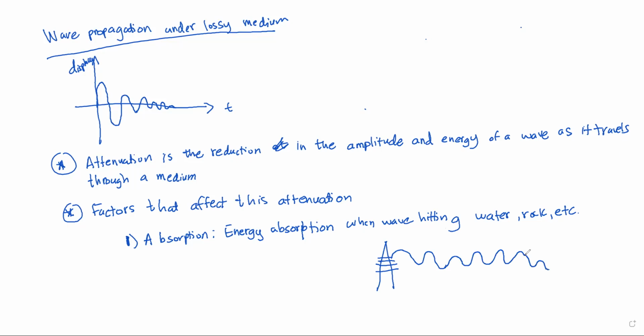The wave will hit mountains, trees, and solid objects like rocks and water, and the amplitude of the waves gets reduced.